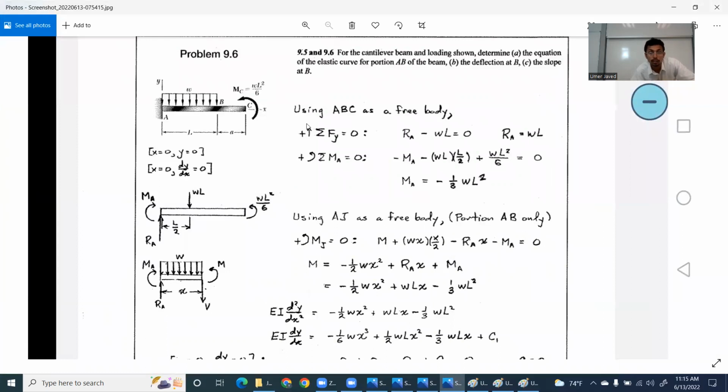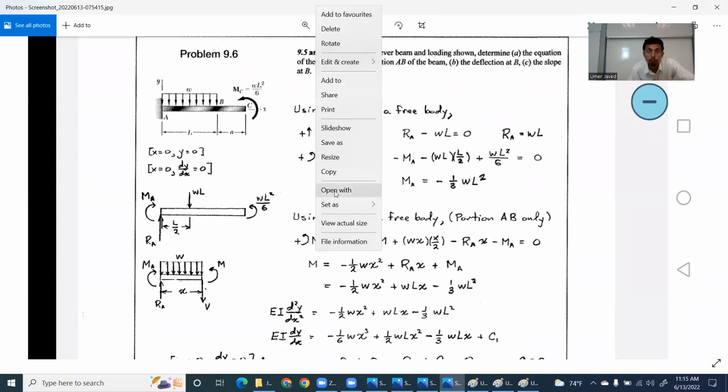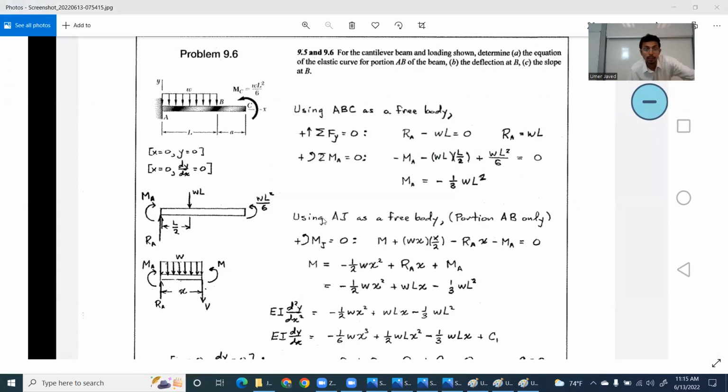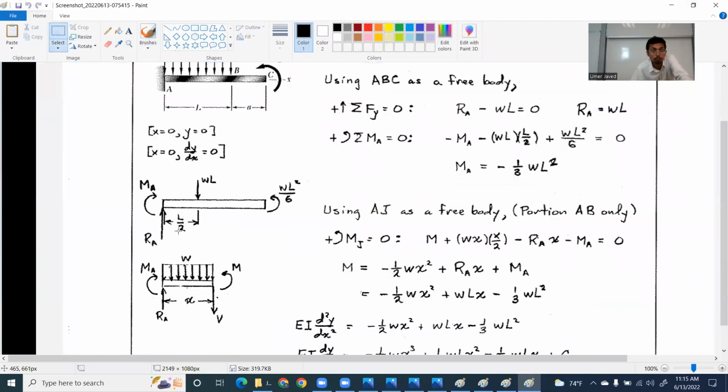So I think the free body diagram, I can just open with Paint. I really want to save some time. So I'm just copying the free body diagrams. You have to make it yourself.